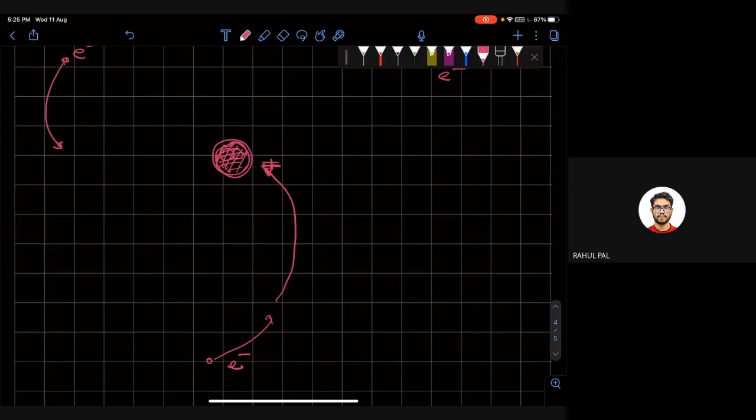So what Bohr did is that he of course made some ad hoc assumptions which allowed those features to be implemented.